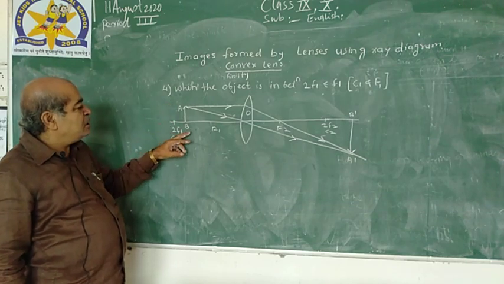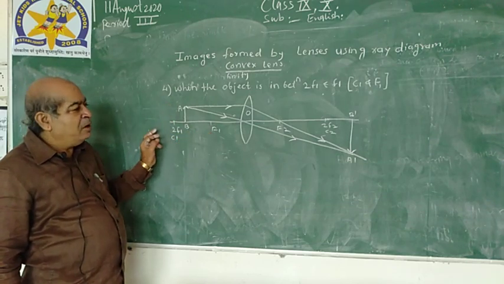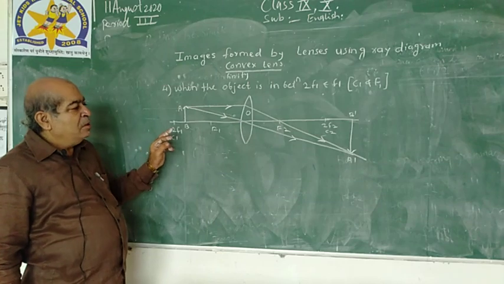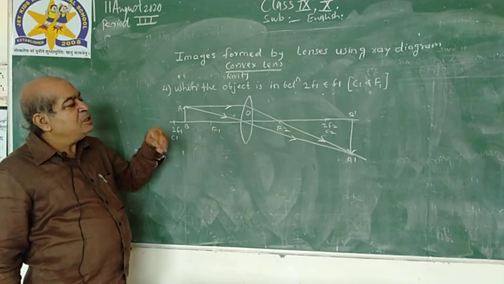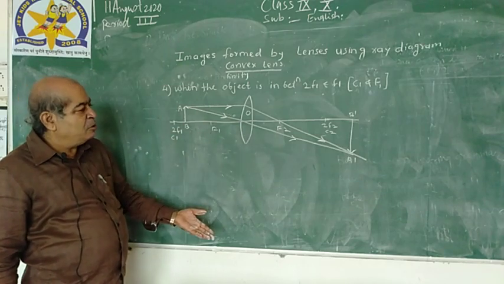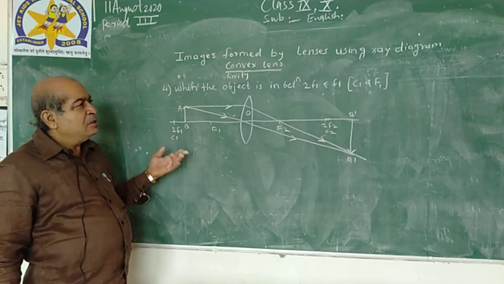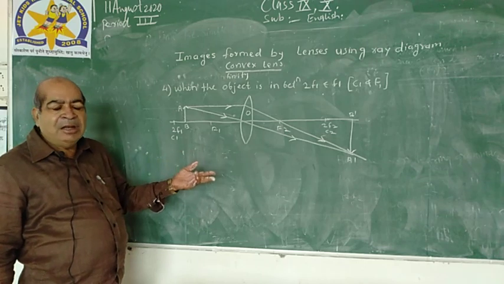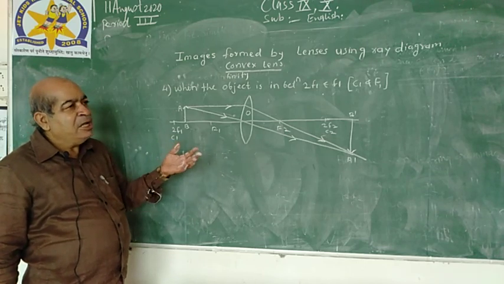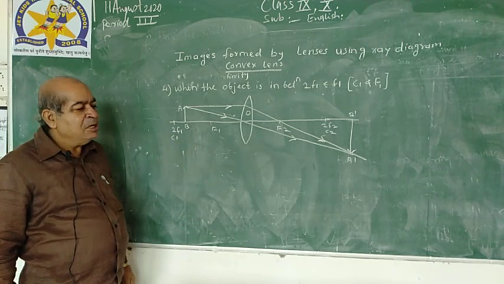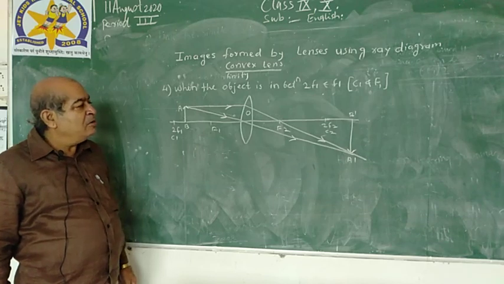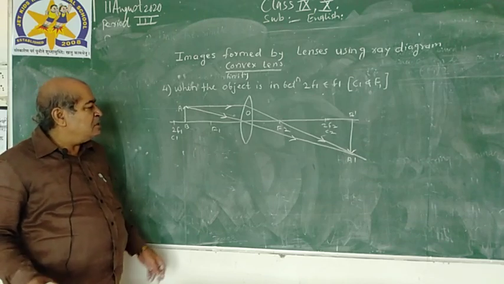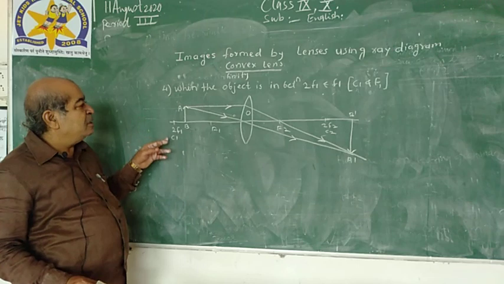Position of the object is in between F1 and twice F1. Position of the image is beyond twice F2, and the relative size is enlarged, and the nature of the image is real and inverted. That is, this is opposite to that of the second case.